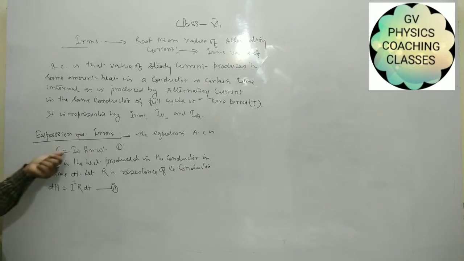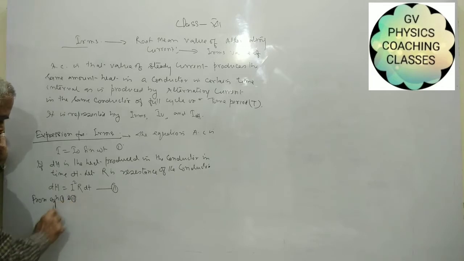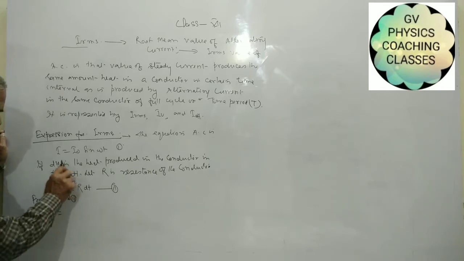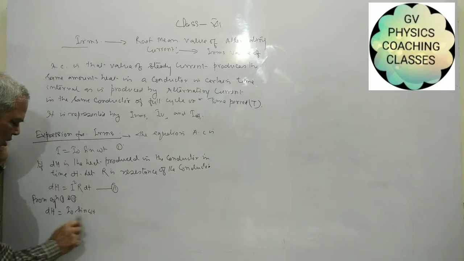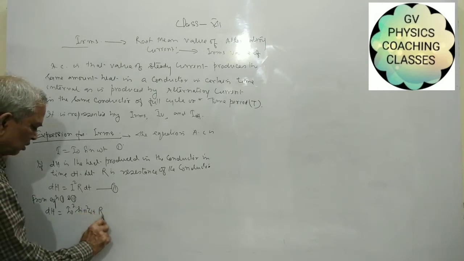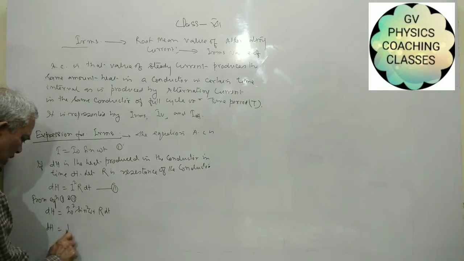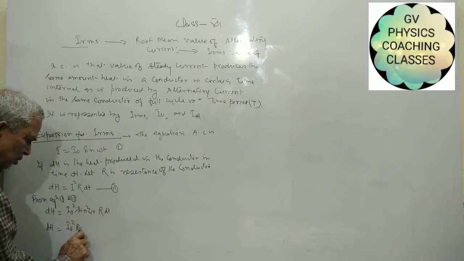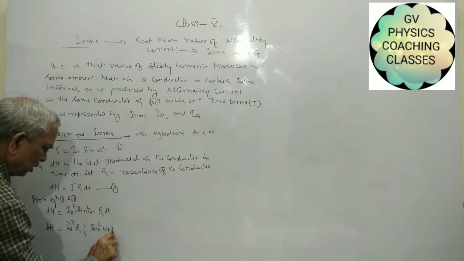Put the value of I from equation first into equation second: dH equals I naught sin omega t whole square R dt, or we can write it I naught square R into sin square omega t dt.